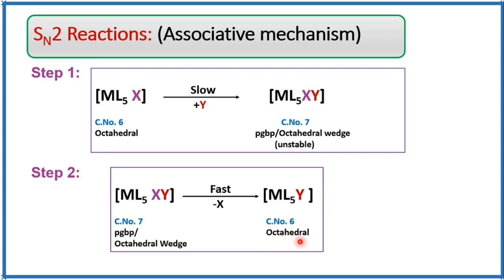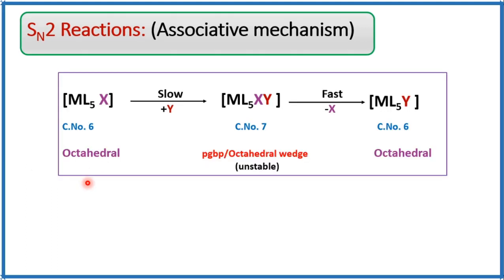So in this way, in SN2 reactions, a 2-step process takes place. Overall, initially there is a coordination number 6 octahedral complex, ML5X. It undergoes association with Y in a slow step, giving a coordination number 7 unstable intermediate, and this intermediate loses X to give the final product ML5Y. This has coordination number 6, and it is octahedral in shape.